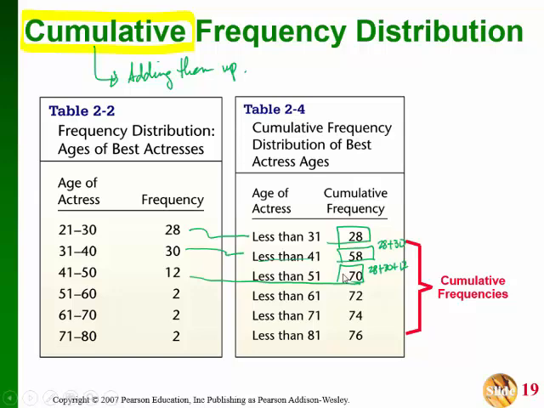Okay? So by the end, what can you guarantee about this last class? It's the total of the whole thing, right? The sum of all the frequencies, because by the time you get to the end, you would have added up every single one. As you go along, you add up to whatever class you're at, and then you keep adding. So by the end, you would have added up all the classes, so that's exactly the total.